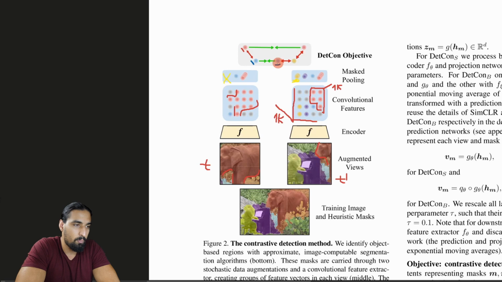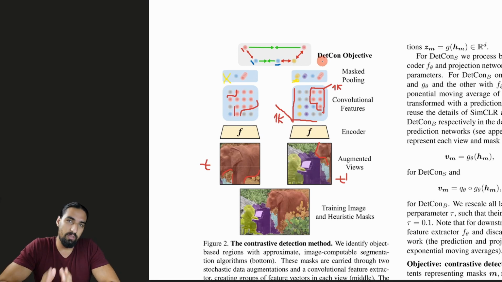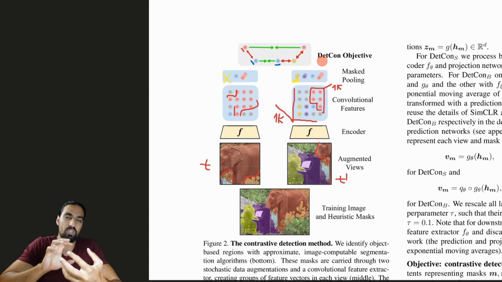And again, we want to pull the blue vectors together, and because we only have yellow here but not here, we want to push away the blue vector and the red vector. So that's the main idea. Using these segmentation masks, they have a richer learning signal, and they are able to do this fine-grained push and pull in a standard contrastive learning scheme.